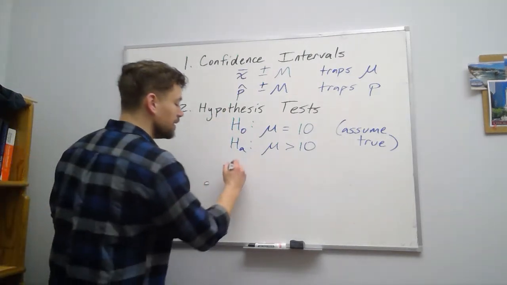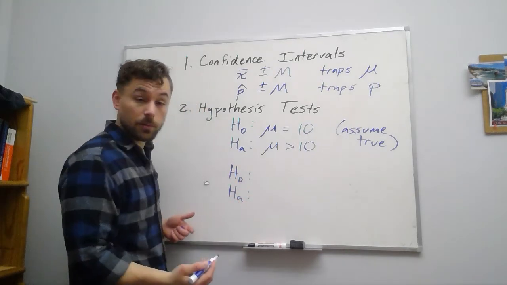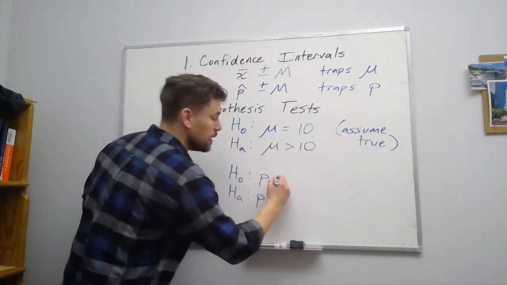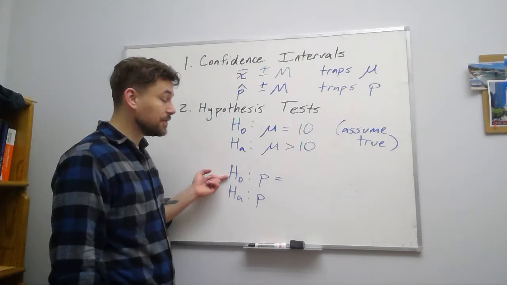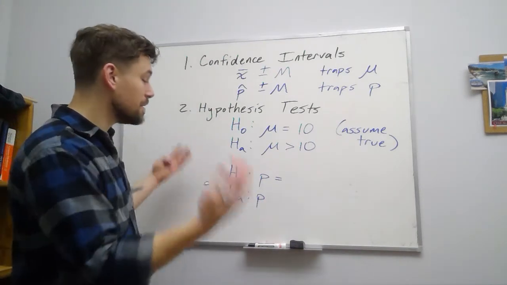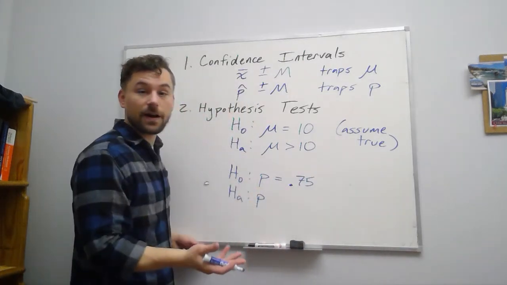So we could have a similar thing, null and alternative hypotheses for proportion. Instead of mu, we would use p. Again, the null hypothesis will always have p equals something. So we have some reason to believe that maybe the proportion is 0.75 or 75%.